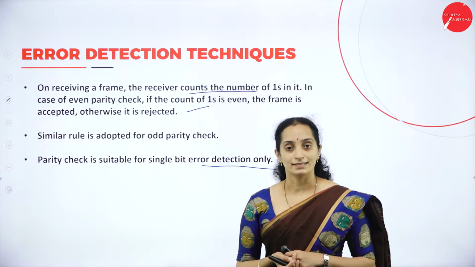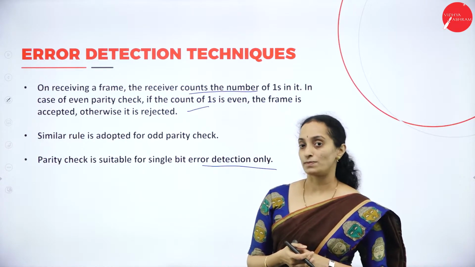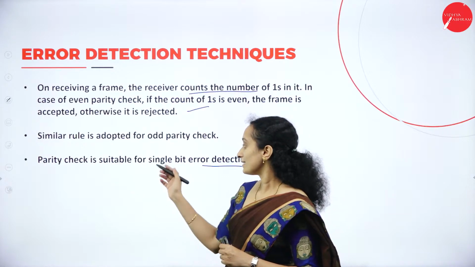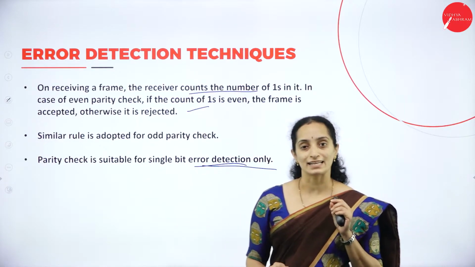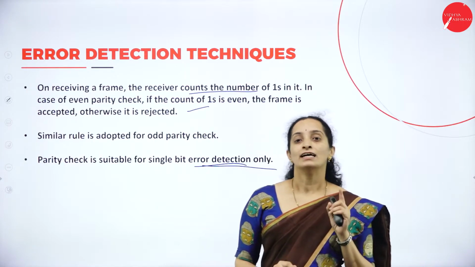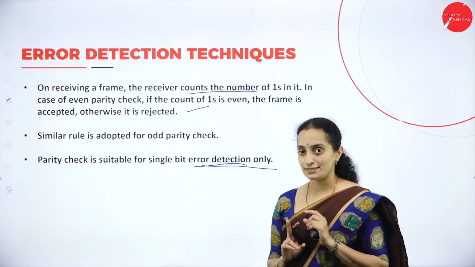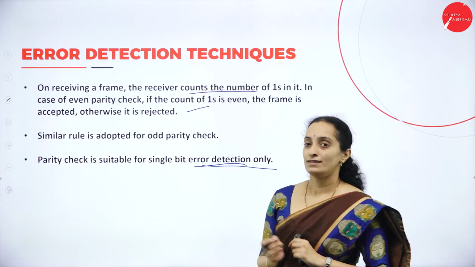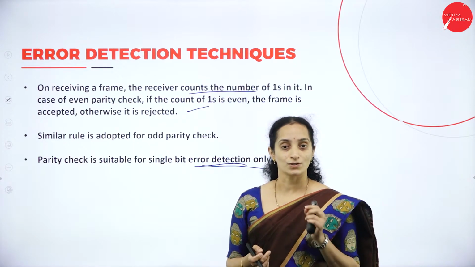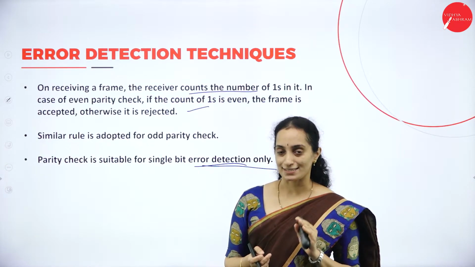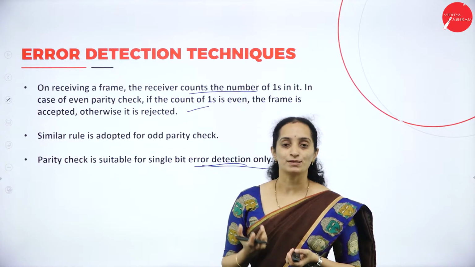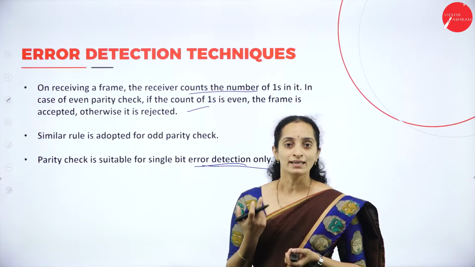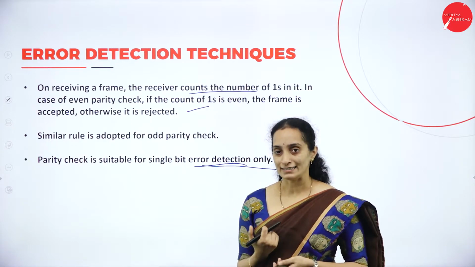As I have said, the drawback of the parity check is it is suitable only for single bit error detection. If there is any change in only one bit, the error detection code will be able to recognize it. If multiple bits are changed, it may not be able to identify the error in the data.